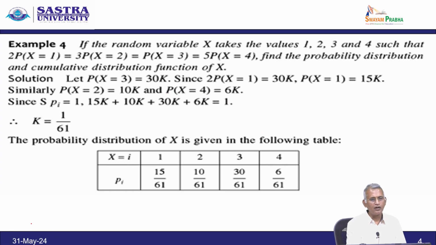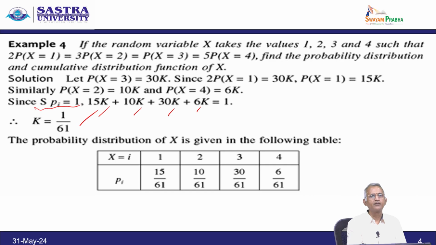Once you have found P(X=1), 2, 3 and 4, as per the rule of the distribution function, we have to add them, since summation of pi equals 1. Therefore 15k plus 10k plus 30k plus 6k equals 1, and adding them, we have k equals 1 by 61.